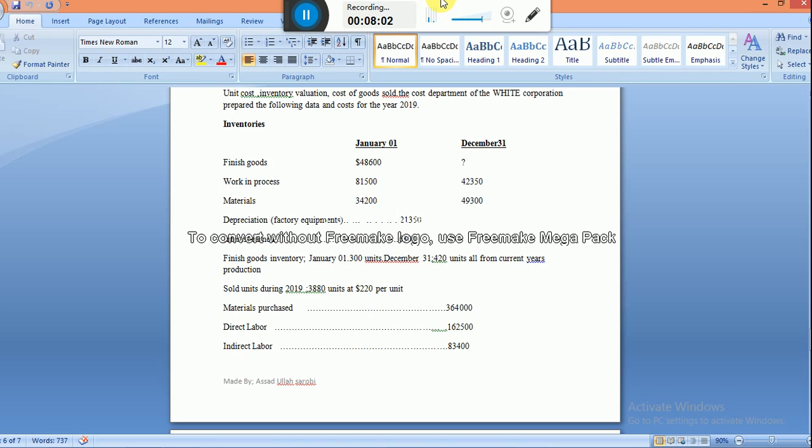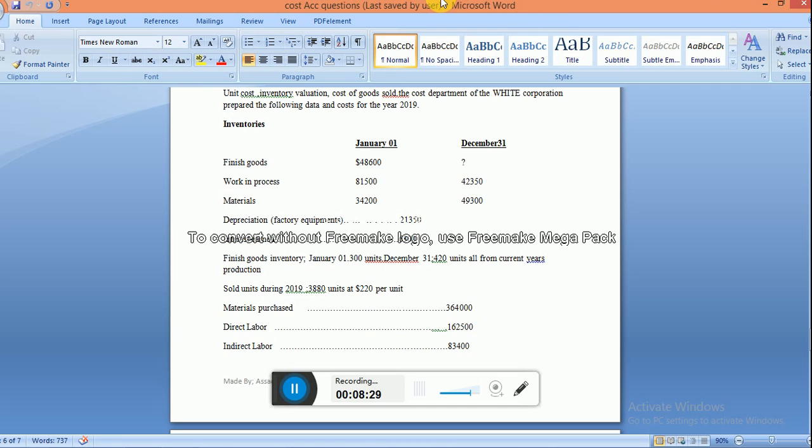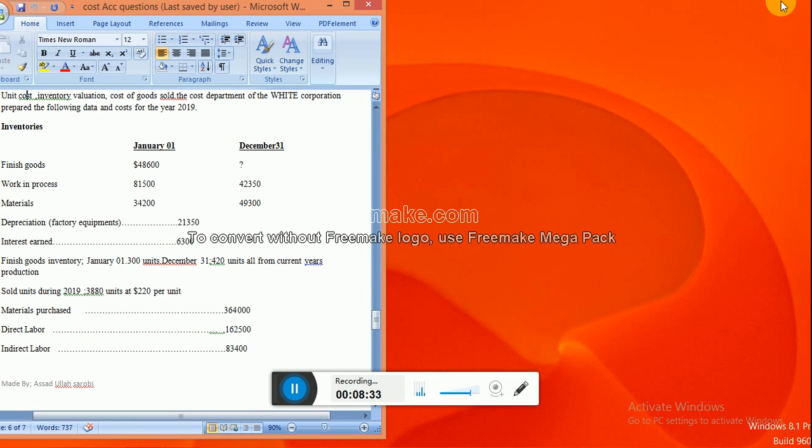If the ending finished goods were zero, then zero would be given directly. But here a question mark is given, so it means that we have some ending finished goods, but their amount is not given. So we should find out the amount of the ending finished goods. Now we are going to the solution of this question.